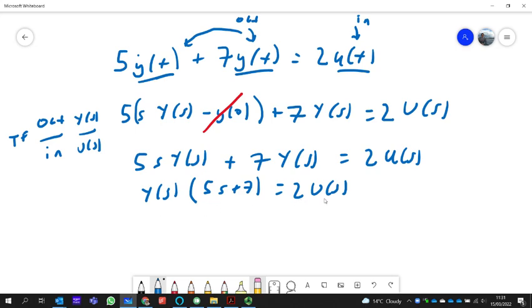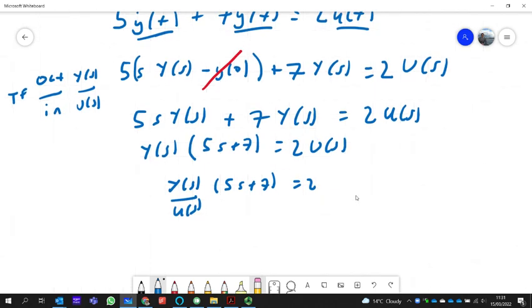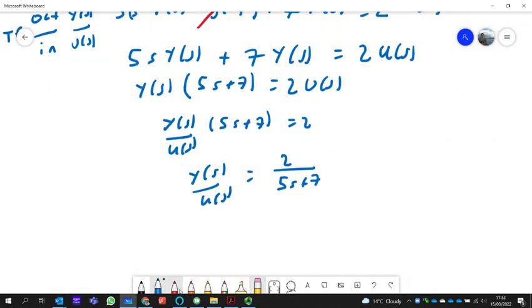Well, one thing we could do is divide both sides by u of s, that gives us y of s on u of s. And on this side it gives 5s plus 7 equals 2. Okay, and now if we divide both sides through by our 5s plus 7, that gives us y of s on u of s equals 2 on 5s plus 7. Okay, so that is our transfer function.